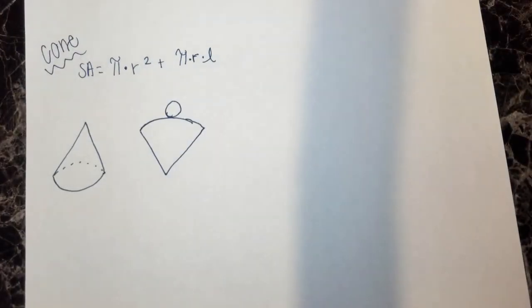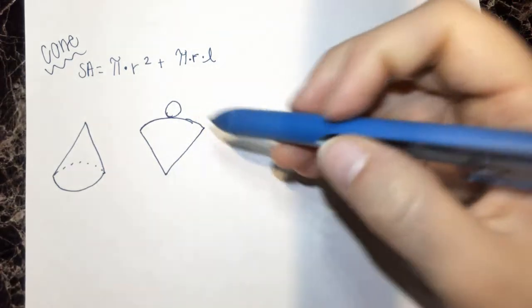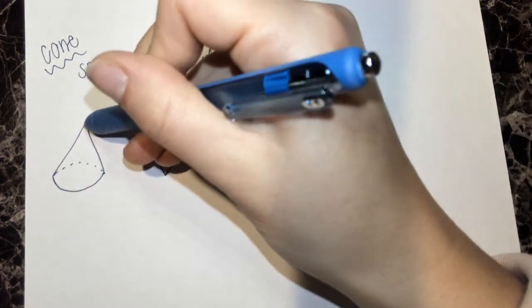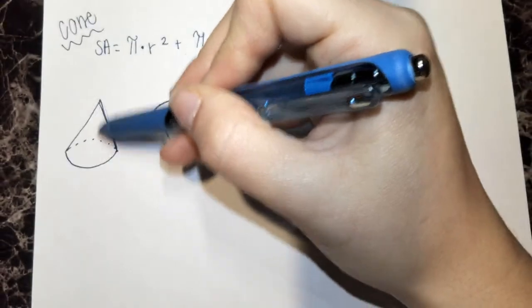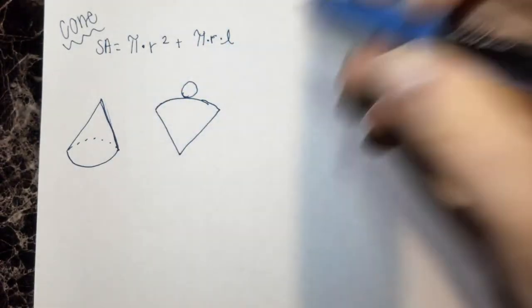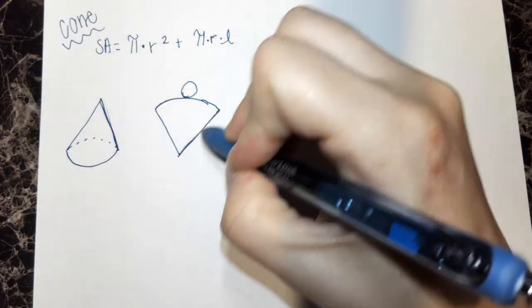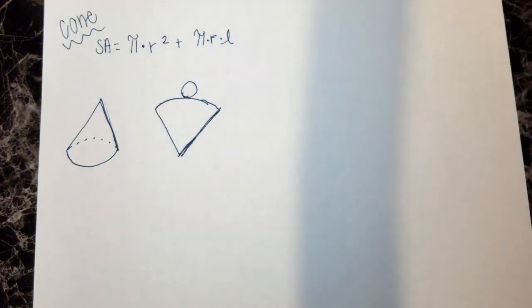It is not a triangle. It's like a triangle with a half semicircle at the top. That is why you're going to deal with your slant height. This is your slant height. Your actual height would be from the tip to the base. Okay, we're dealing with slant height on this, and that would also be this right here. Okay?